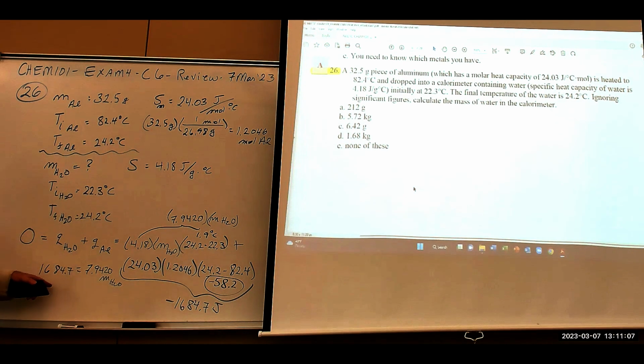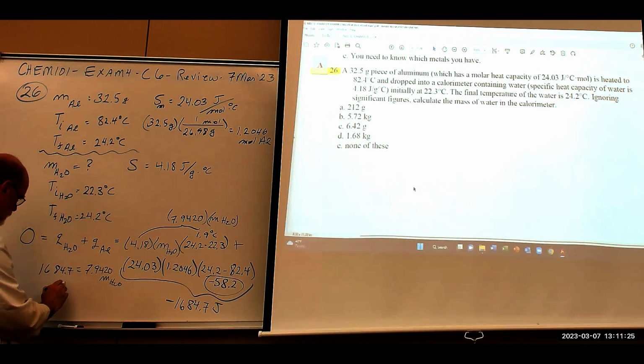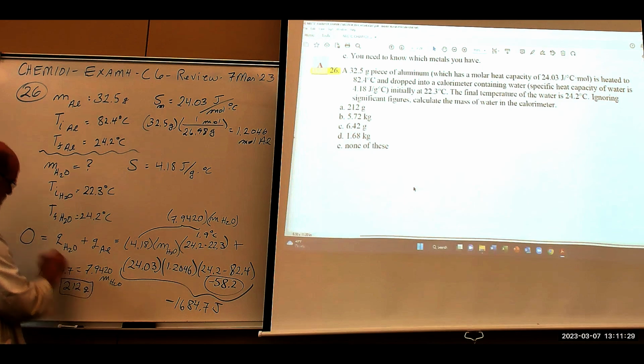And since the sign changed, we don't end up with a negative mass. That's good news. Okay, so let's see, divide. 212, yep, 212 grams. There we go.